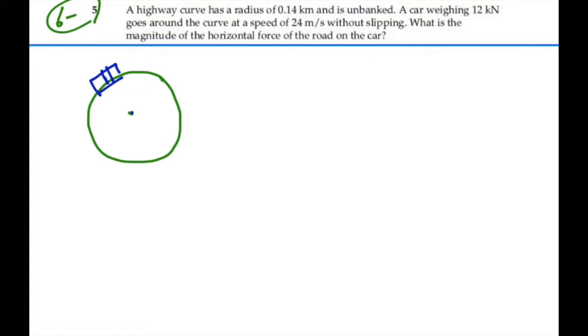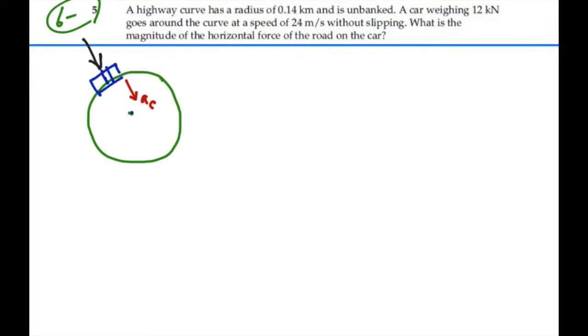But since it's going around the circle, there has to be a centripetal acceleration, which will be towards the center of this circle, so there must be a centripetal force. So we have a centripetal force on this car towards the center of this circle.